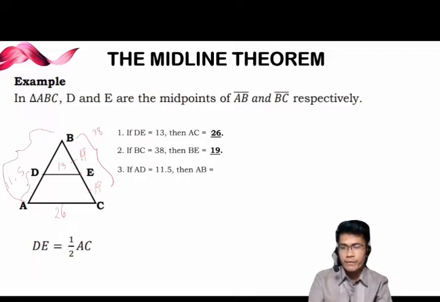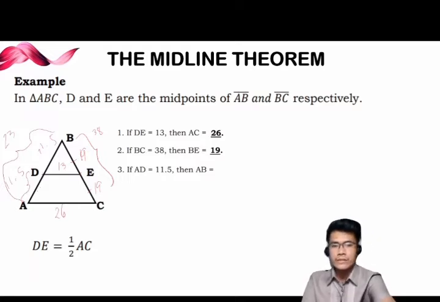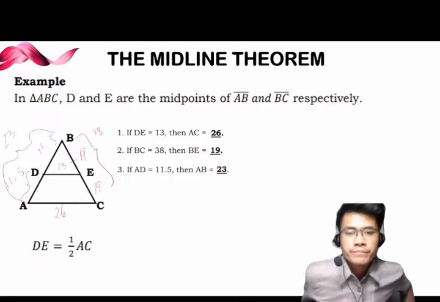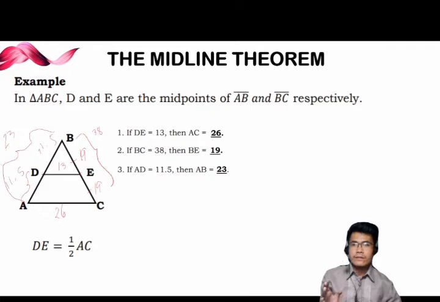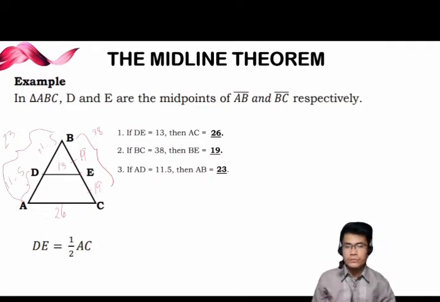Since the measure of segment AD is 11.5, the measure of DB is also 11.5. If you sum up 11.5 plus 11.5, that's 23. Or just double the measure of segment AD: 11.5 times 2 is 23. So once again, the measure of side AB is equal to 23.